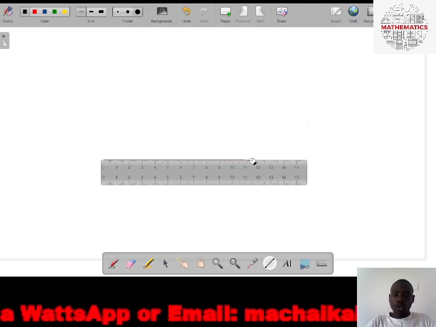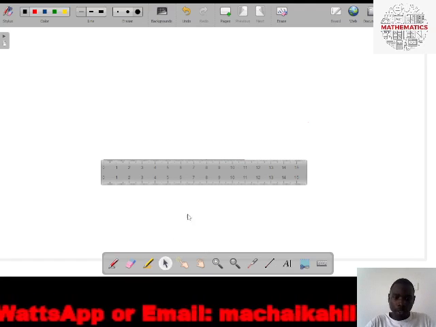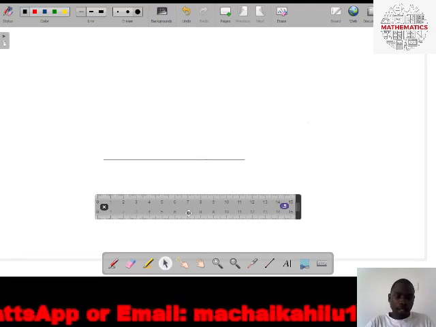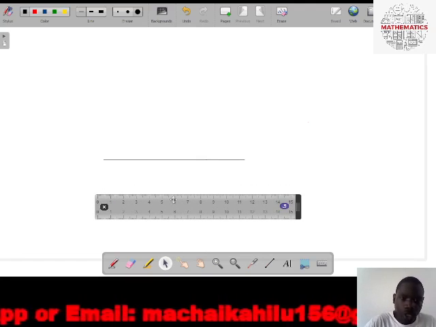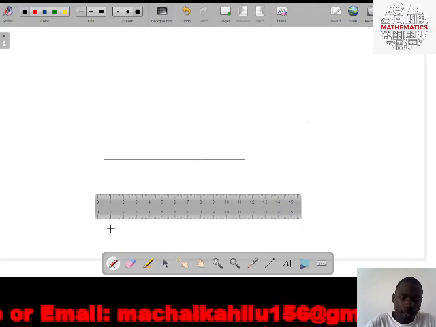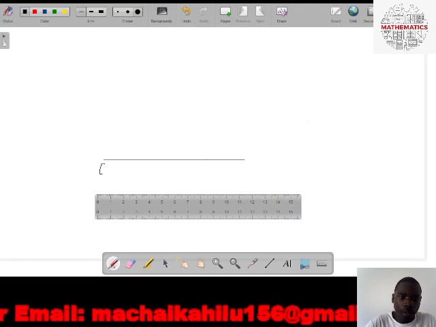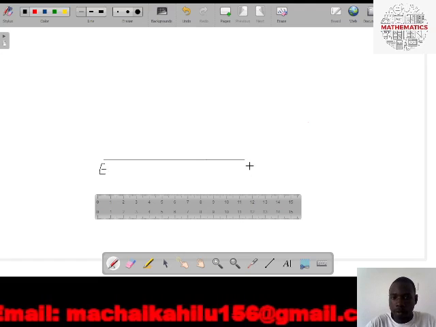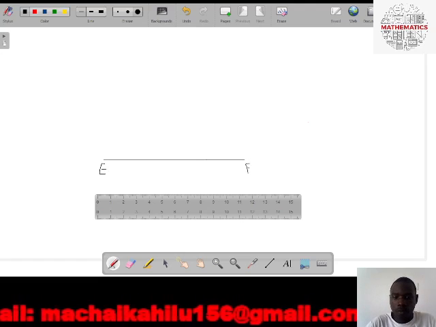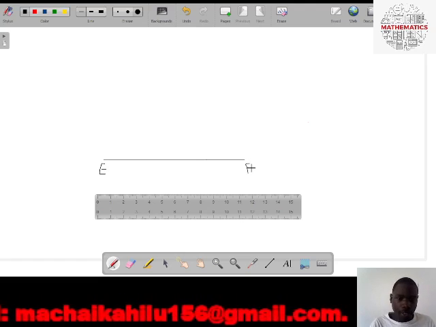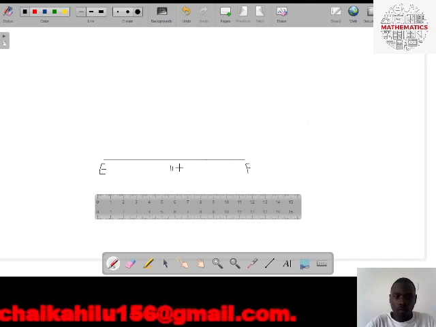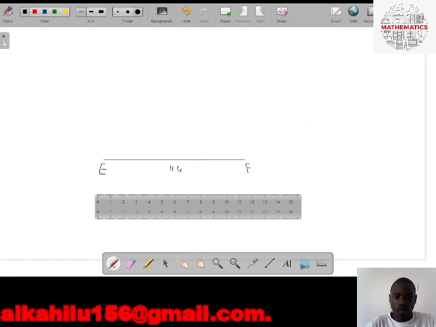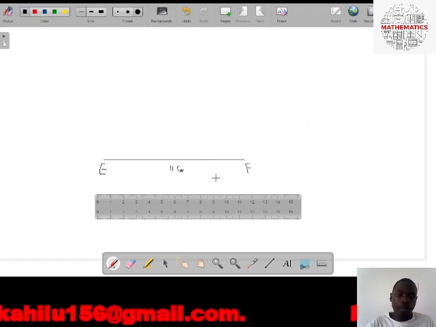Okay. So that is what we have. And then they're saying this is EF. So we are going to label that as E and F here. EF, 11 centimeters.